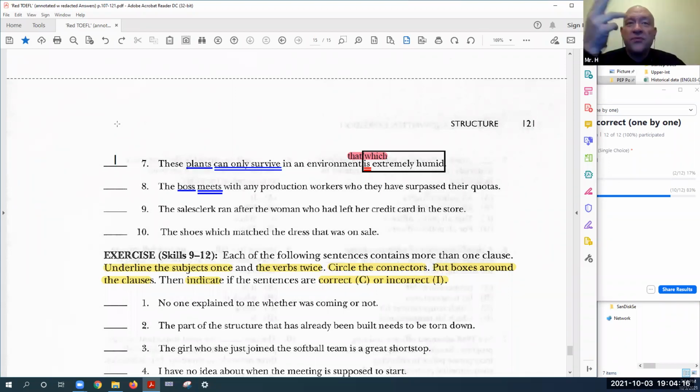So find the next. Is there another subject? Who is the connector. Okay. And They is the second verb. And then verb? Have plus verb 3.